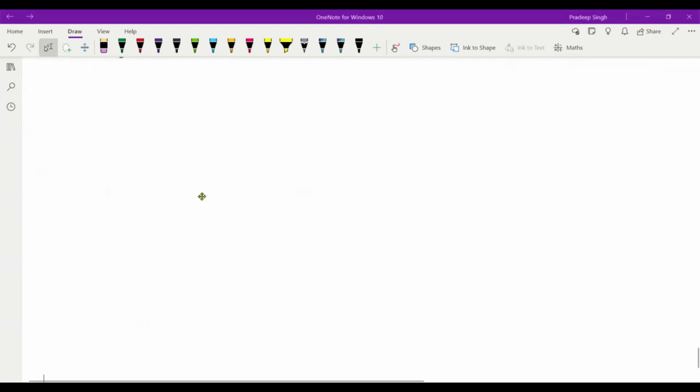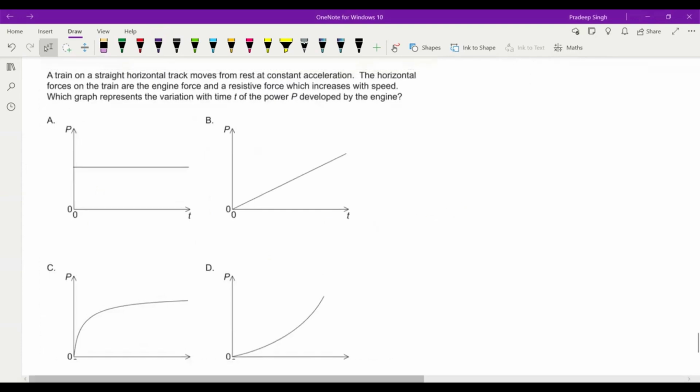Okay, here we go. Try this. So is it C? Explain.